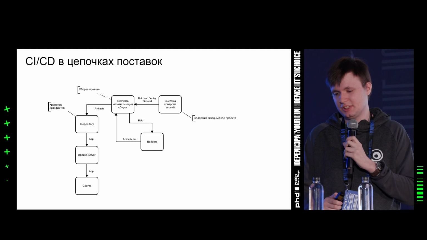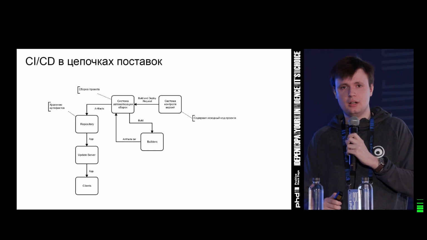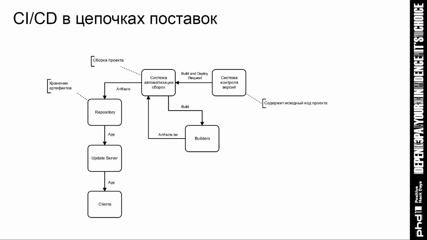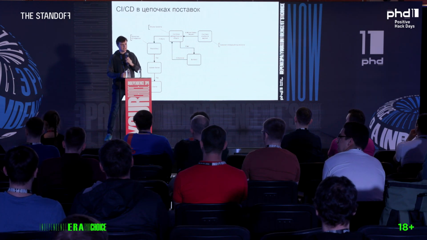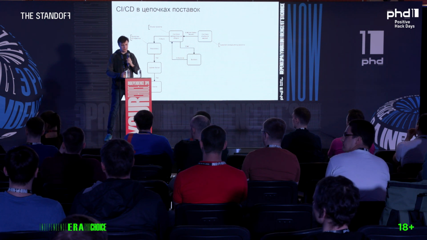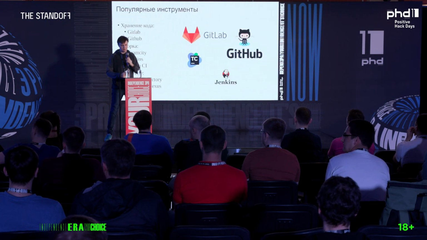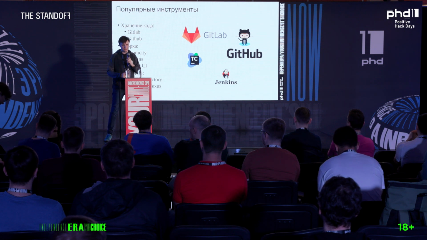From the repositories, we can have a link to the build automation system, since in the building process, you need to load dependencies, and these dependencies will be there in the repositories. Then the product is forwarded to the update servers and further delivered to the clients.